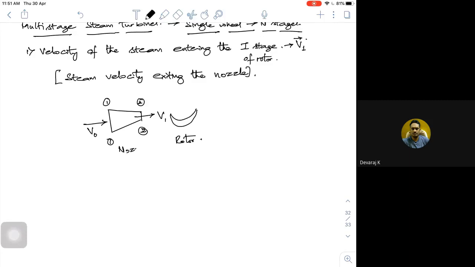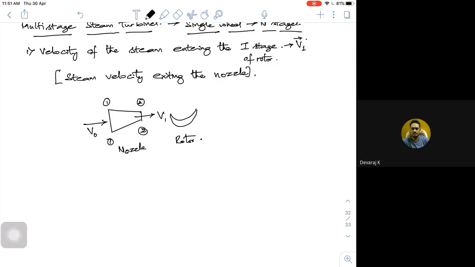So when you are solving this problem, you have to be very careful about the velocity with which the steam will be striking the rotor, rather than entering the nozzle. Steam comes out with a particular velocity out of the nozzle, which will be striking your plate.